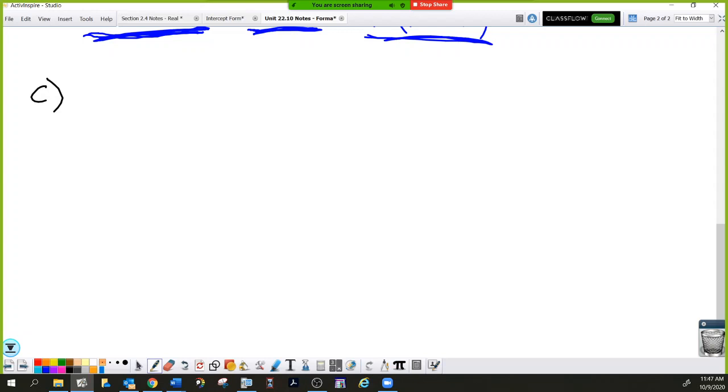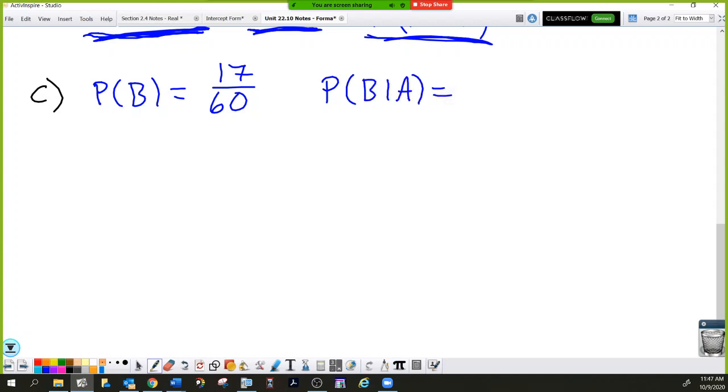Here's what we know. We found the probability of B to be 17 over 60, correct? Didn't they tell us the probability of B given A? This was given to us.